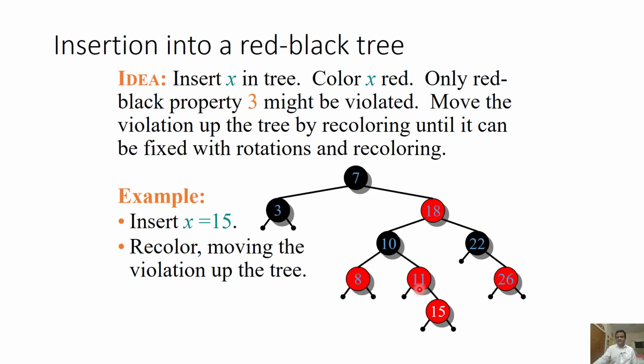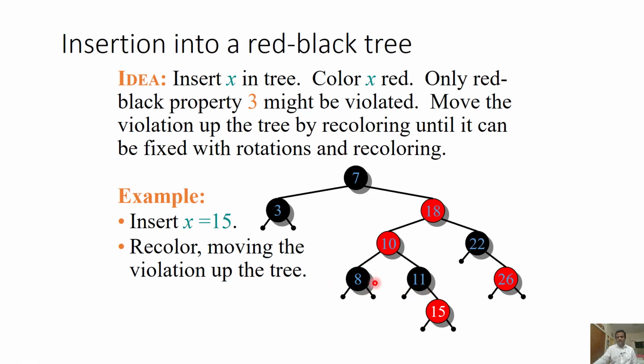So, this is the parent, this is the grandparent, and this is the uncle or auntie. So, this is one case, one situation where a node is red whose parent is red and uncle is red and the grandparent is black. Then we will try this, we will make this black and this we make red, and that means we propagate this to here. Now, here we have a problem again.